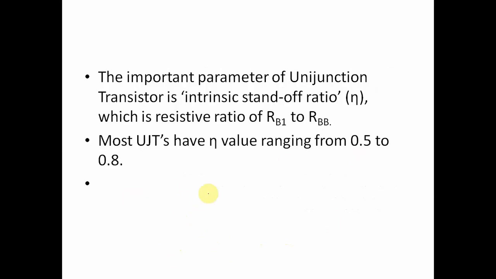The important parameter of a unijunction transistor is the intrinsic standoff ratio. This is the most important parameter in the unijunction transistor. The intrinsic standoff ratio is the ratio of RB1 divided by RBB, and its range is between 0.5 and 0.8.